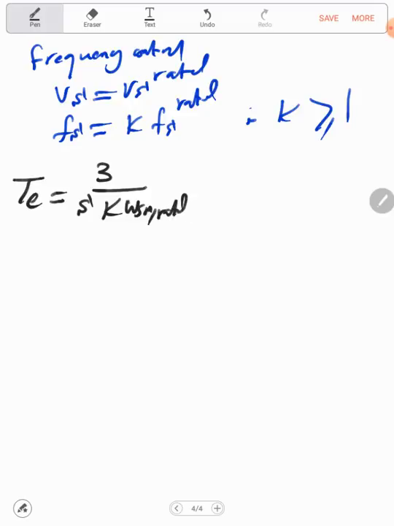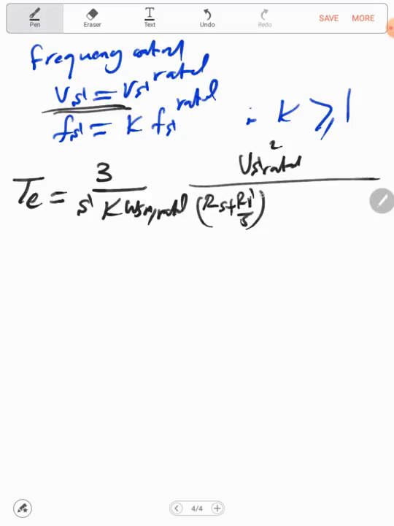Now here we have Vs rated squared without K, because the stator voltage cannot exceed its rated value, over Rs plus Rr dash over S whole squared plus K squared X Ls plus X Lr dash squared.